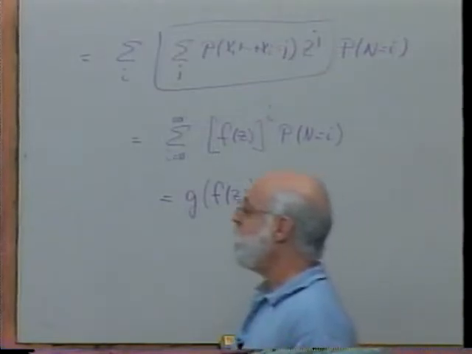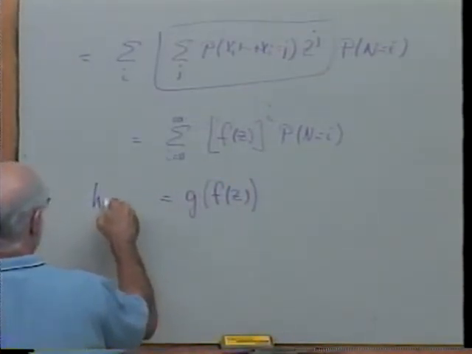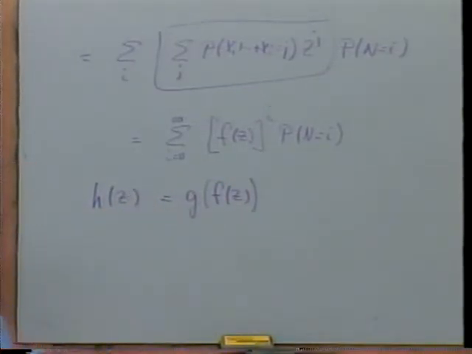Okay, so we have this really neat looking result. We just proved the following. Suppose we have a sum of IID random variables in which the number in the sum is itself a random variable. This is called a compound sum. And assume that the components of the sum have generating function f, and the number in the sum has generating function g.